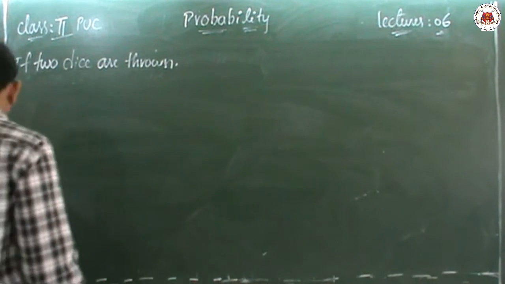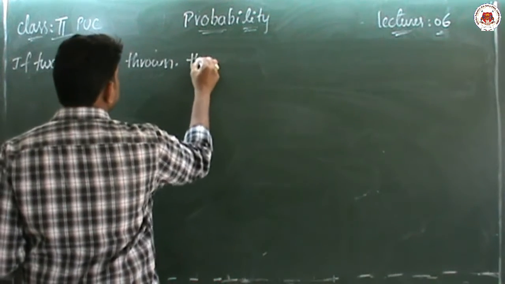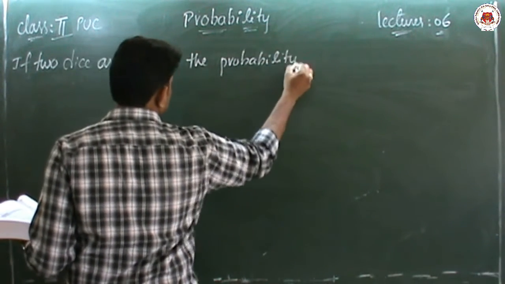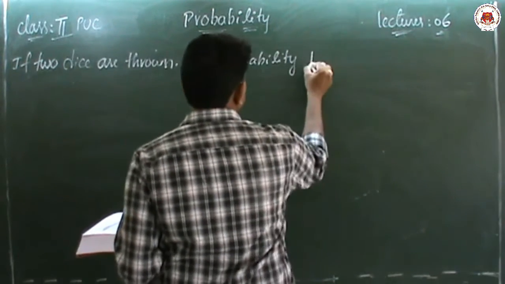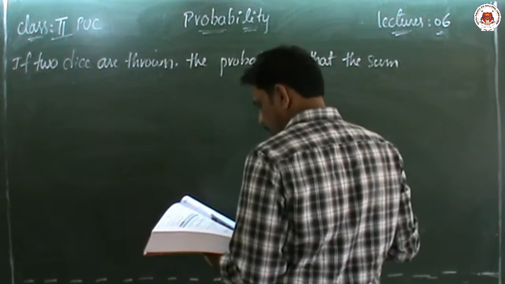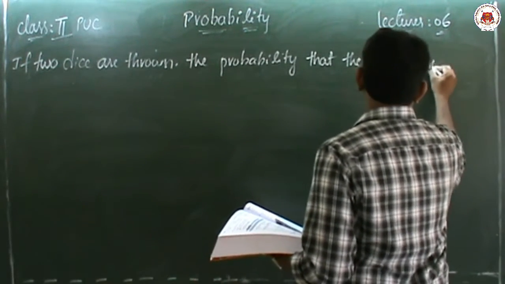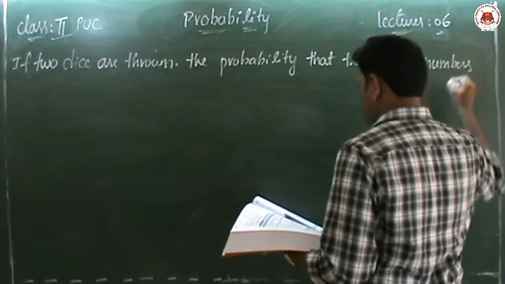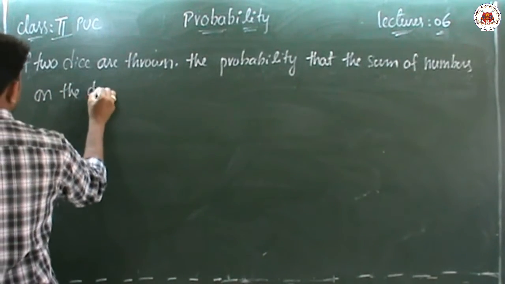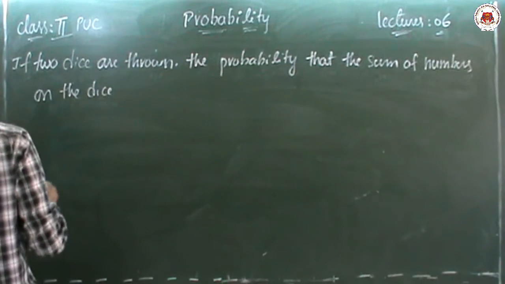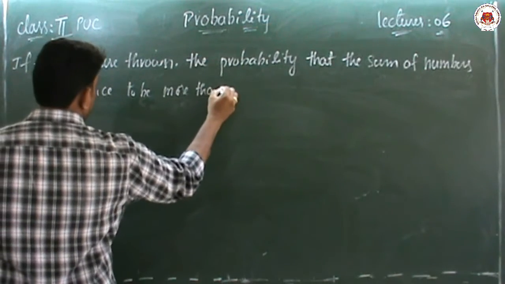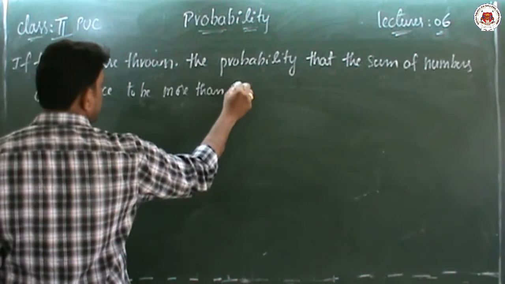2 dice are thrown, the probability that the sum of numbers on the dice to be more than 5 is.